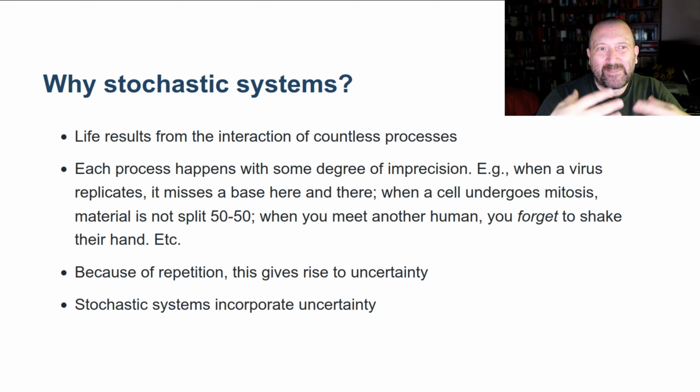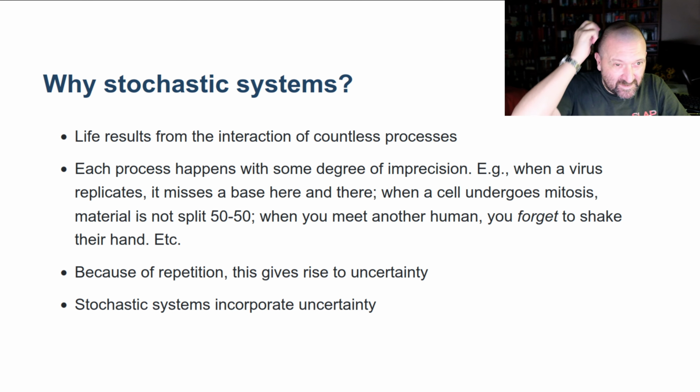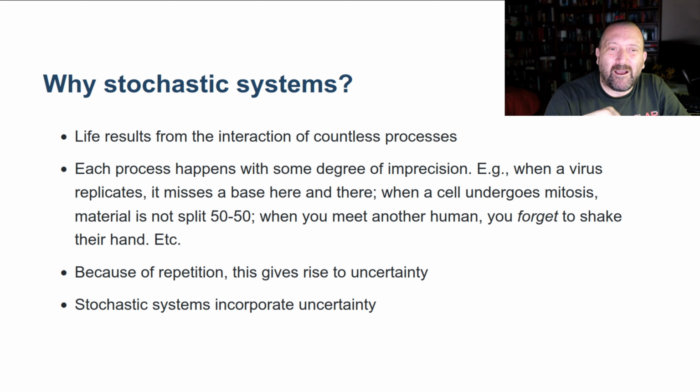Well, if you're looking at life itself, even you yourself as a human being, that dwarfs mobility by orders of magnitude in terms of complexity and the number of processes that are acting. And the important thing is that each process that makes up life can happen with some degree of imprecision.